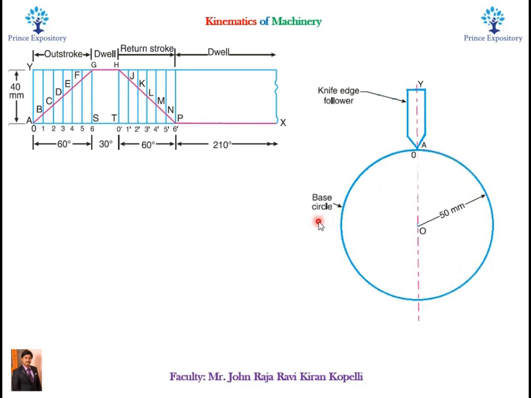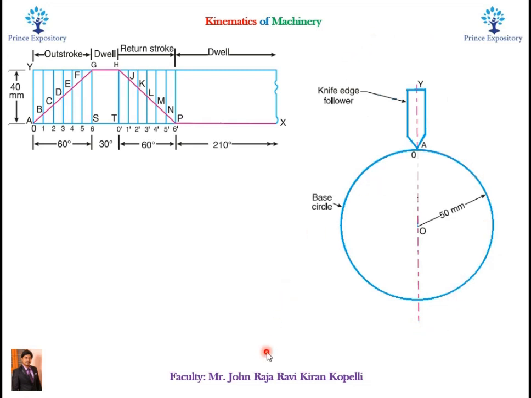Because we are solving the first bit, the axis of the follower passes through the axis of the cam. So the follower is made to be in contact with the base circle in such a way that both axes are in coincidence or in line. So this represents the first bit position.